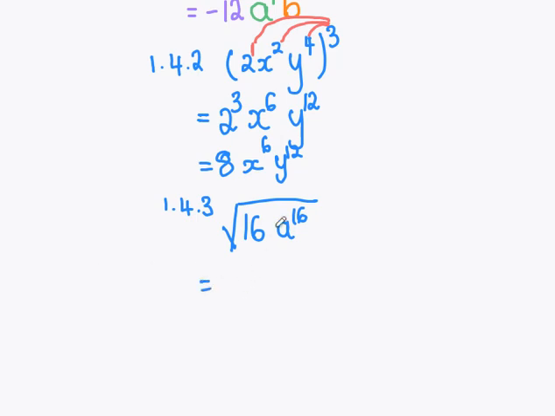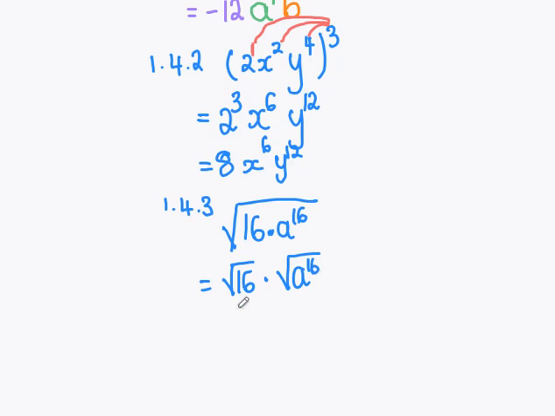What do I mean by that? Because there's a multiplication between those numbers, we can just split the square root. So the square root of 16 times the square root of a to the power 16.